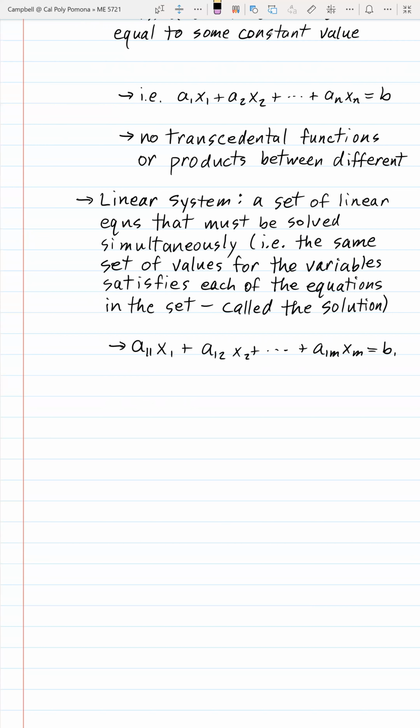And so you can see in this case for the coefficients, we have two subscripts, the first one representing the equation that we're dealing with, the second one identifying the particular variable that that coefficient is multiplying. Now we can go to our second equation. So then all the leading subscripts will be 2's for the coefficients.